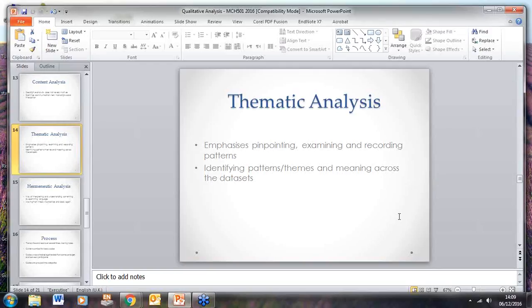So if you were undertaking thematic analysis on an interview, and you had interviewed 6 particular staff nurses about their knowledge of clean technique versus aseptic technique, and you were asking them all about that, you will see that certain themes emerge.